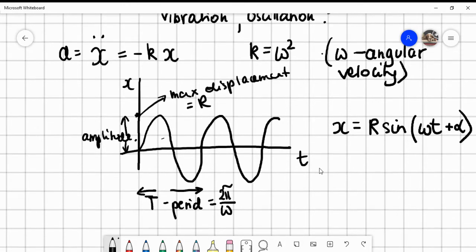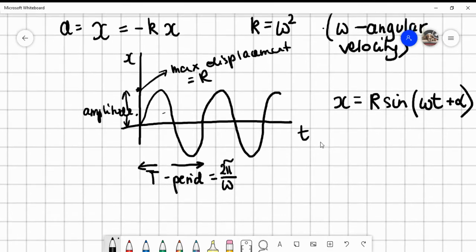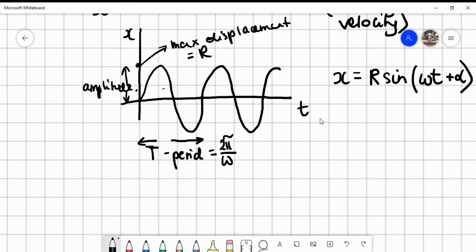Another interesting fact: examples of simple harmonic motion could be a pendulum that swings from left to right. If you let it go from when it's furthest to the left, it will swing, and if there are no forces stopping it, no air resistance, then it will keep on going and follow simple harmonic motion.